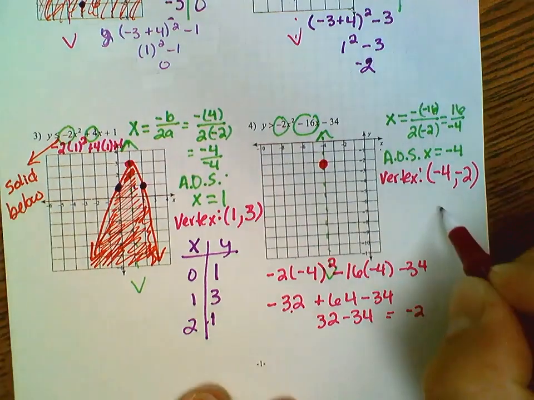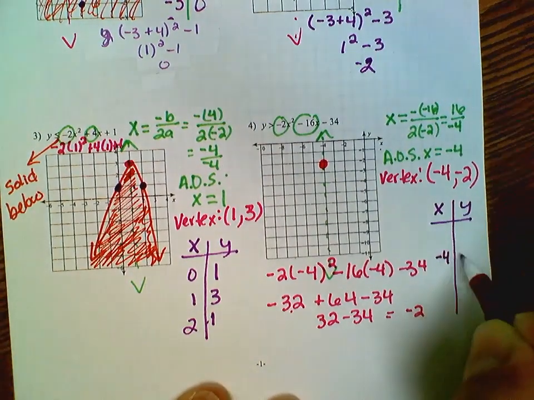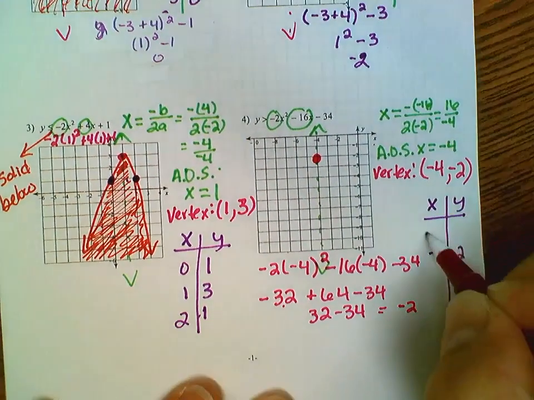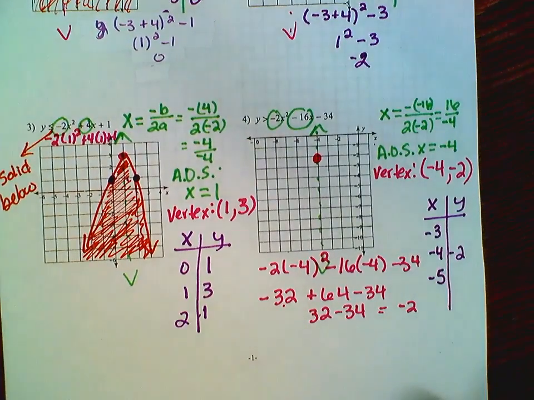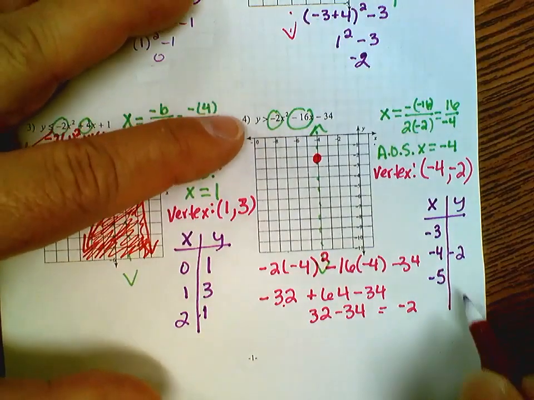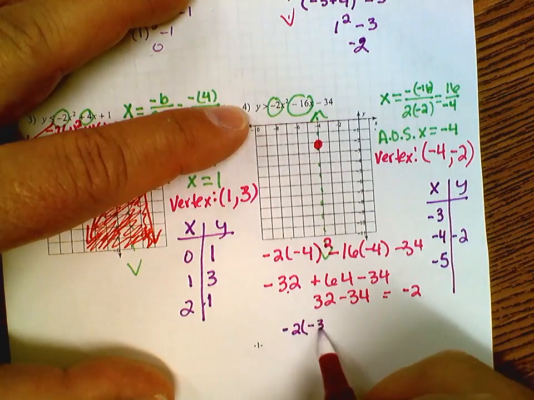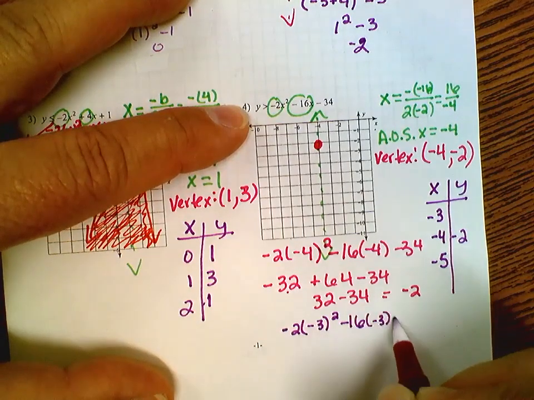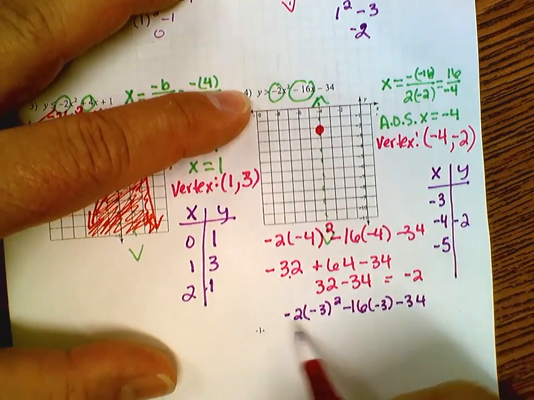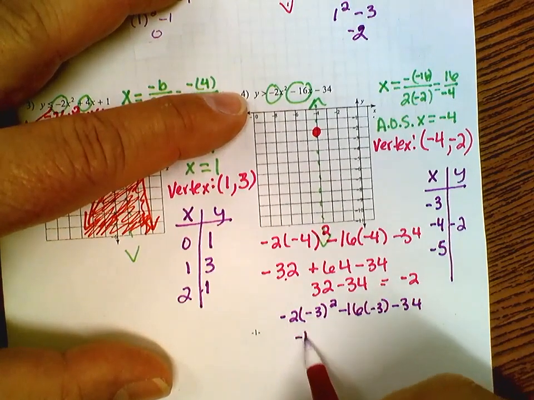So to get us a table, put my vertex in the center. So I'll use negative 3 and negative 5. Negative 3 is the smaller number, so I'm going to use that one. So I have negative 2 times negative 3 squared minus 16 times negative 3 minus 34. 3 squared is 9 times negative 2 is negative 18.